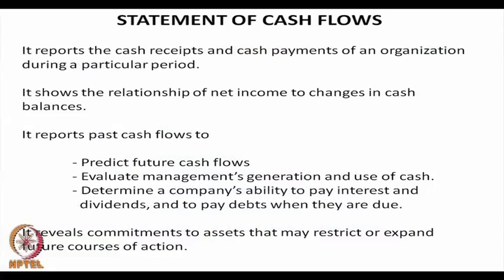The statement of cash flows, although not mandatory, is very popular, and it shows how cash has been received or disbursed, what the initial cash position and the final cash position of the company are, and what the liquidity condition of the company is. Therefore, the statement of cash flows is also gaining ground in recent days.